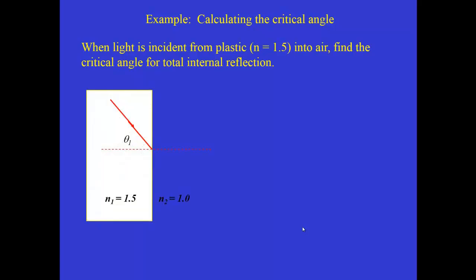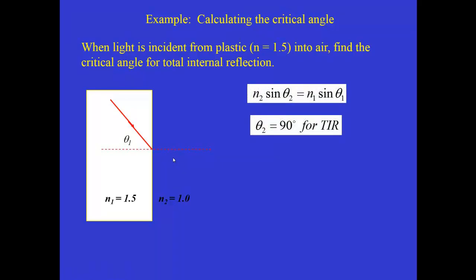So let's imagine that we have a light source where a beam of light is inside a piece of plastic and it has an index of refraction 1.5 and an incident angle theta 1. We just showed that if theta 1 gets larger and larger, eventually the angle in medium 2 will become 90. And if medium 2 is a vacuum, or if it's air, which has an index of refraction pretty close to that of vacuum, we can calculate the critical angle.